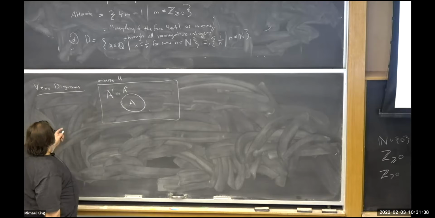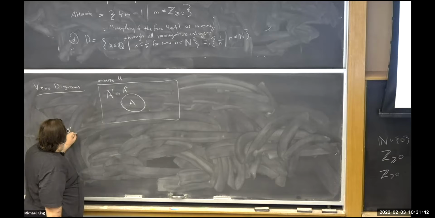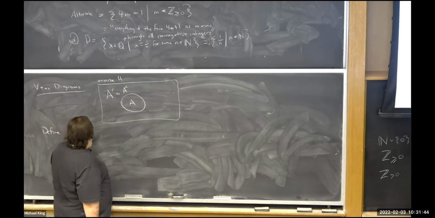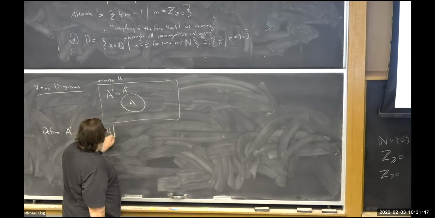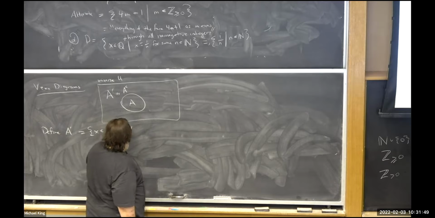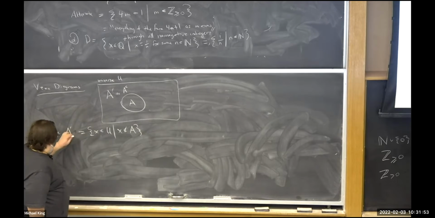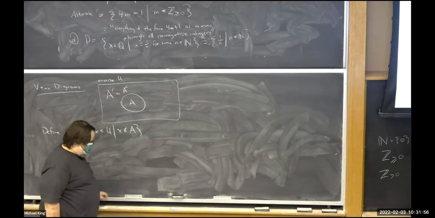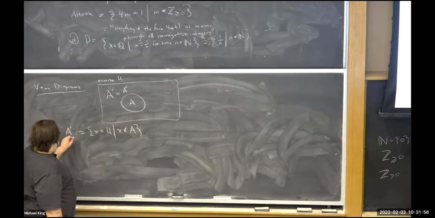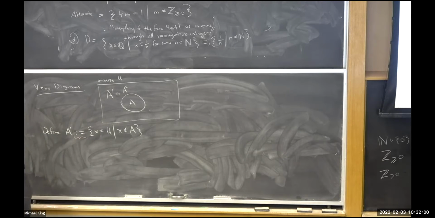And so we could define A prime := all X in U such that X is not in A. I have another notational thing here: when I define something, I often write colon equals. Not every book does this, but I like to because it reminds me that this is the definition of the symbol.